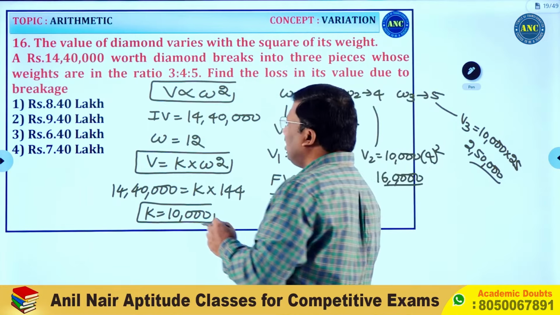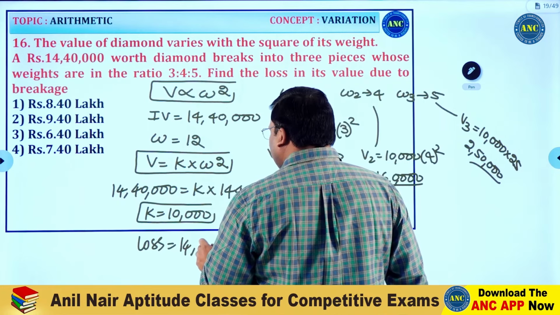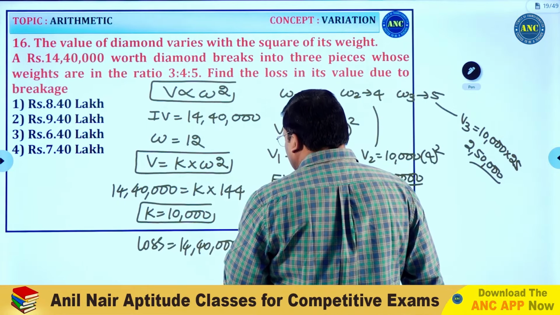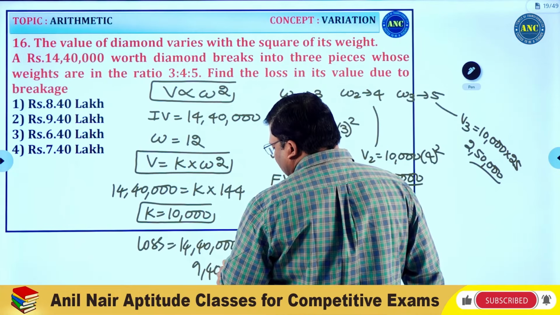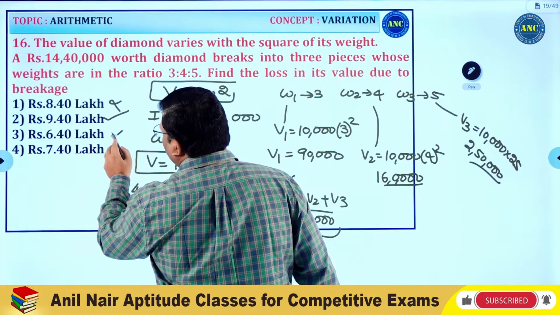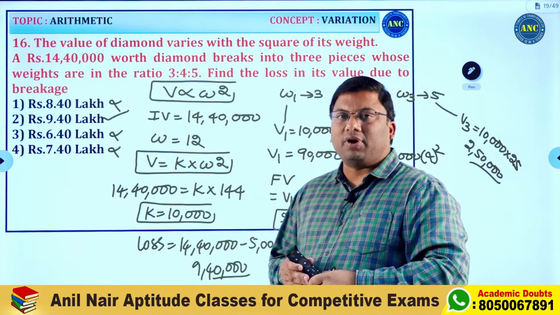What is the loss? Loss is 14,40,000 minus 5 lakhs, which is 9,40,000. Answer for this question is 9.4 lakh.